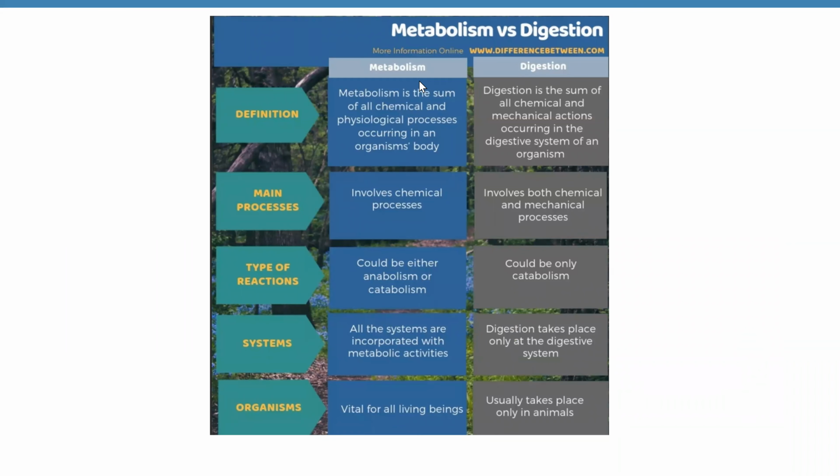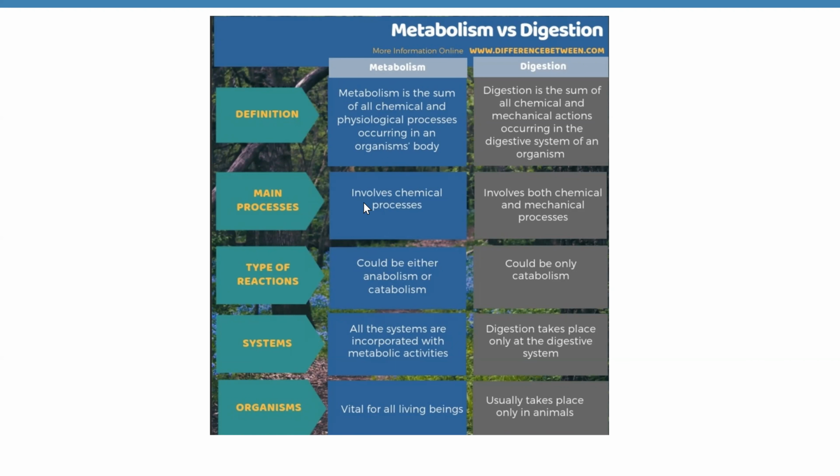On this slide, we can see the difference between metabolism and digestion. So metabolism is the sum of all chemical and physiological processes occurring in an organism's body, when digestion is the sum of all chemical and mechanical actions occurring in the digestive system only of an organism.